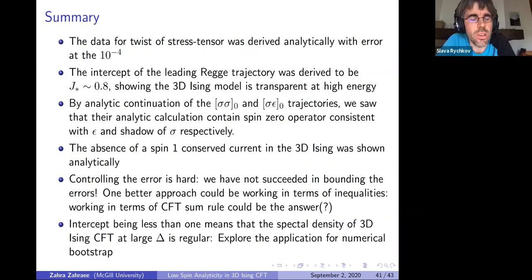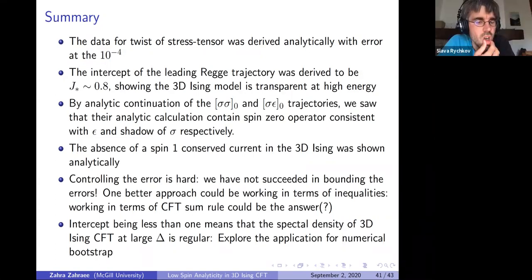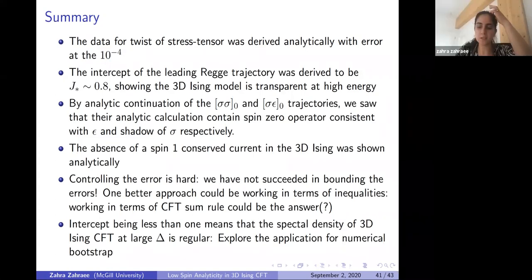So you mean that the spectral density is equal to the mean field plus some small correction, which is smaller than what you would have if J star was 1? Yes. If J star is equal to 1 or bigger, we cannot say anything, because you would not have any suppression; it goes as delta to the power J star minus 1.